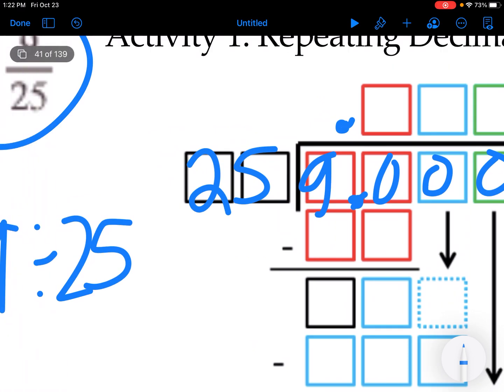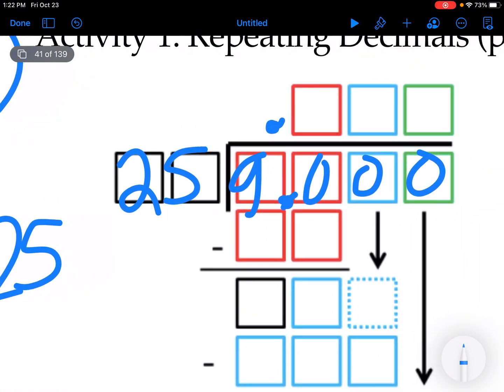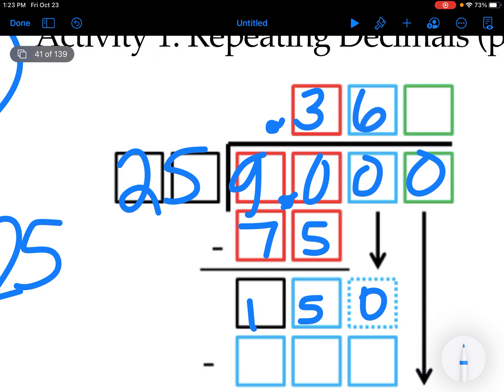So 25 goes into 90, 25, 50, 75, 100. So it goes in 3 times. So I get 75. I'm going to subtract and I get 15. So then I bring down my 0. Now 25 goes into 150 6 times. 25, 50, 75, 100, yep, 6 times.